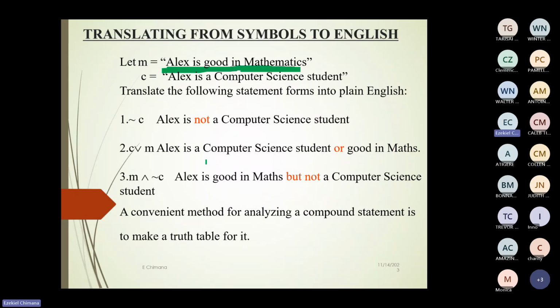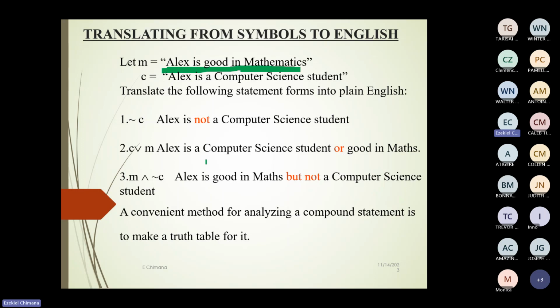Okay. What else? How can we rephrase this one? It's correct, but I'm sure we can always have many sentences there.